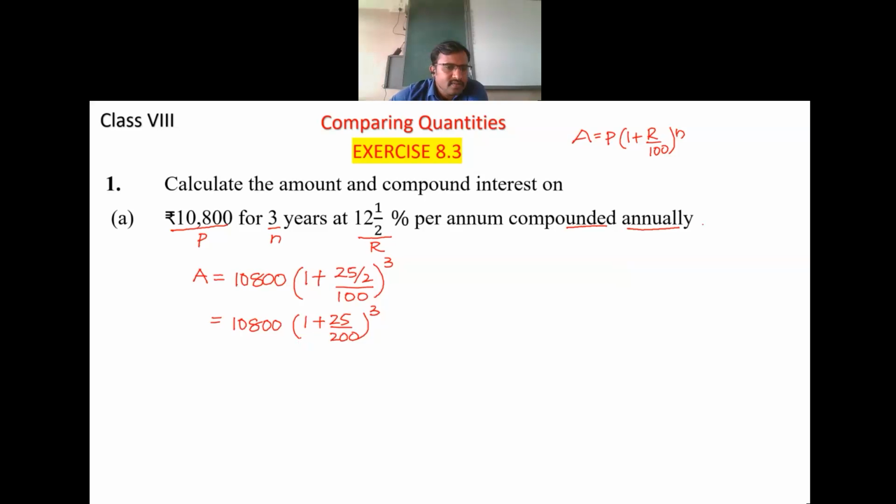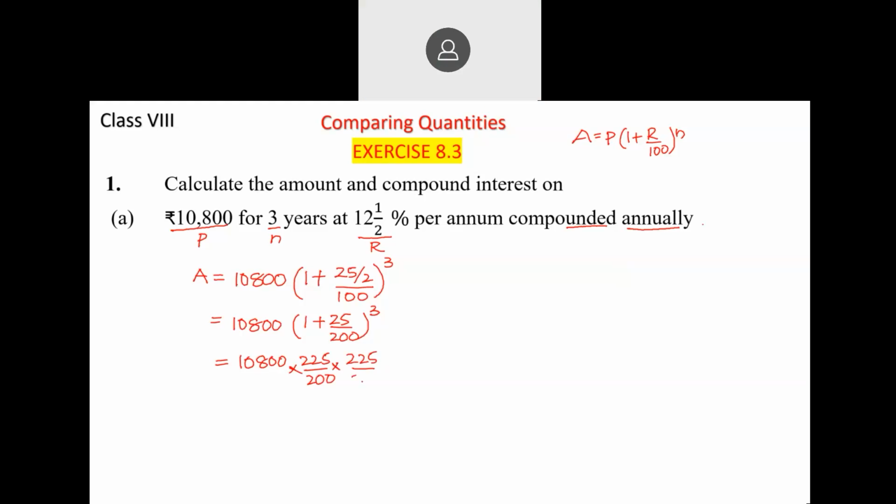Or else what you can do is write the same thing as 225 divided by 200. It becomes easy for calculation. 225 by 200 into 225 by 200. The question related to compound interest, there is no shortcut.